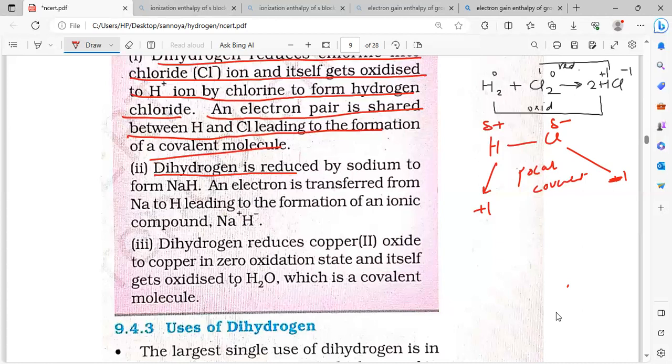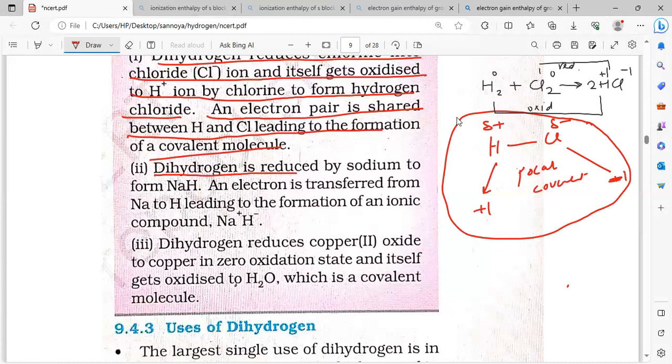You are writing some polar covalent version, delta plus, delta minus. I explained in a different way. I just want to tell that this positive charge is not ionic.